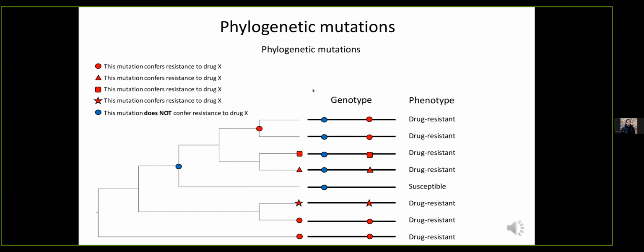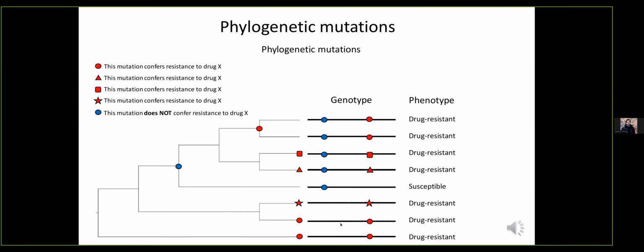And why this is important in the context of drug resistance is because there are other mutations, like this red mutation here, the circle, that we can observe also in many strains. But in this case, these are not phylogenetic mutations, because the reason these mutations are here is not that all of them share the same common ancestor with this red circle.